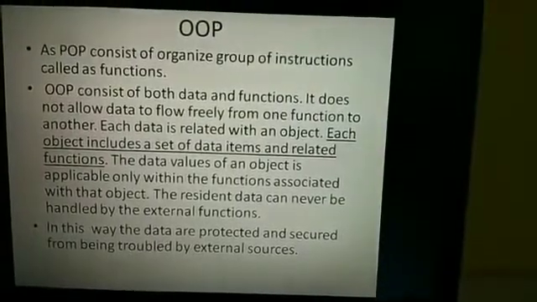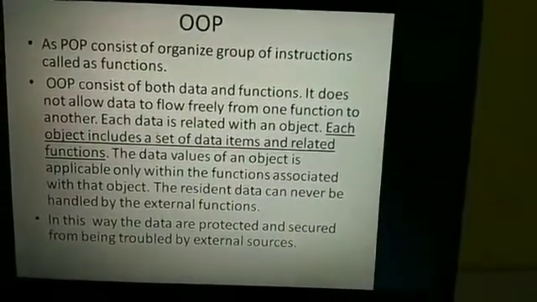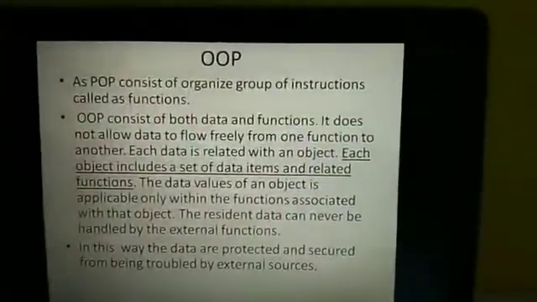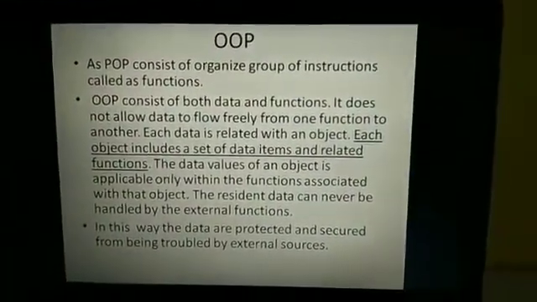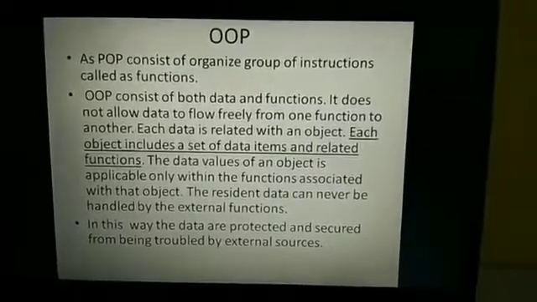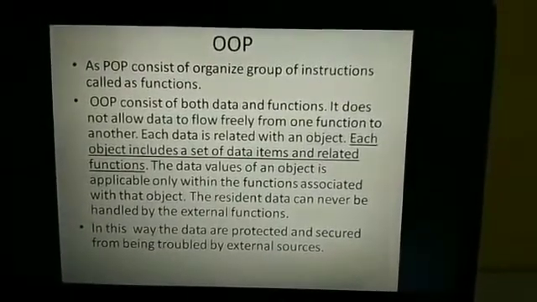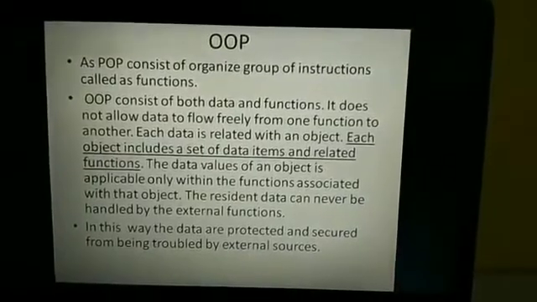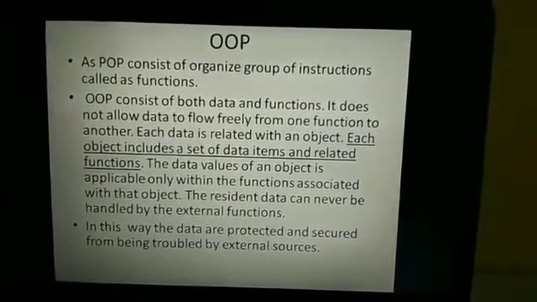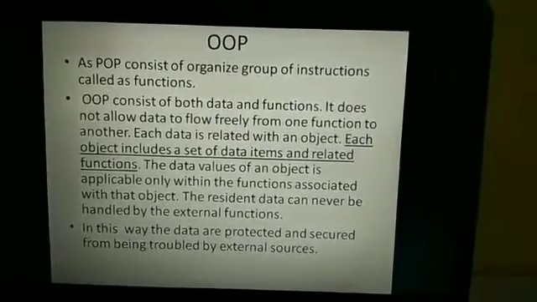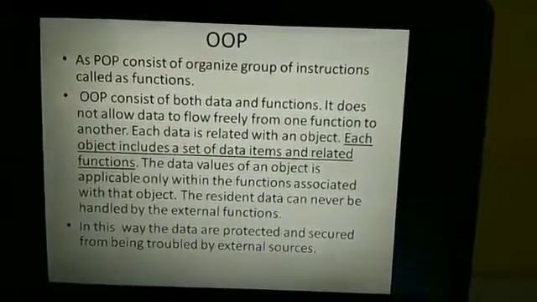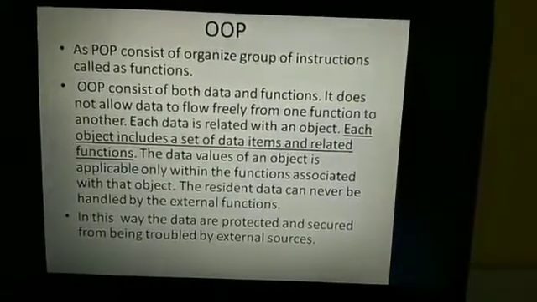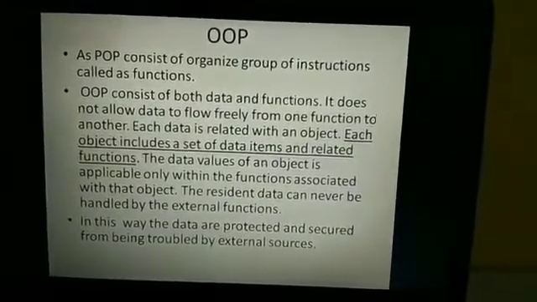OOP consists of an organized group of instructions called functions. I told you just now that POP consisted of functions rather than data values. But here, under object oriented programming, both the data and functions are used.